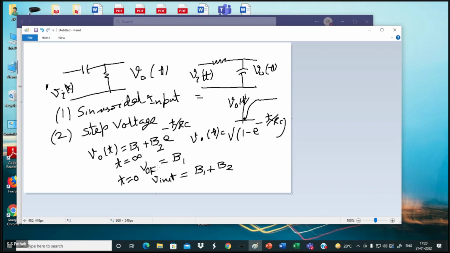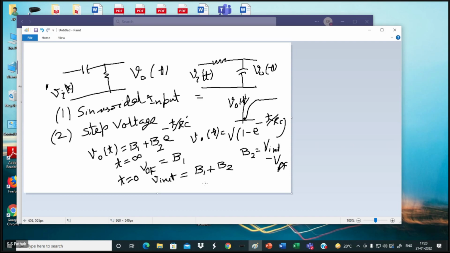So what is your B2 now? I'm talking of a step here, okay? Not the ramp. B2 will be the initial voltage minus B1. B1 is your V final, V naught F rather. That is my B2.